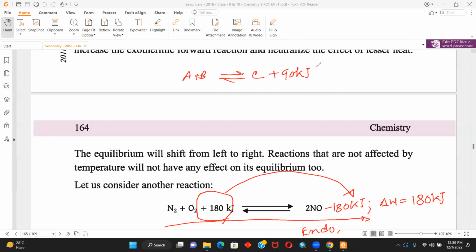Yes. Minus 40 kilojoules. What is my minus 40 kilojoule? Delta H, right? Delta H, yes.